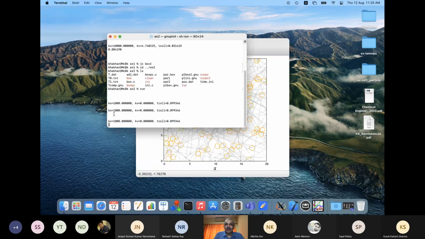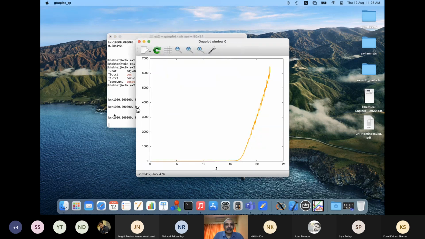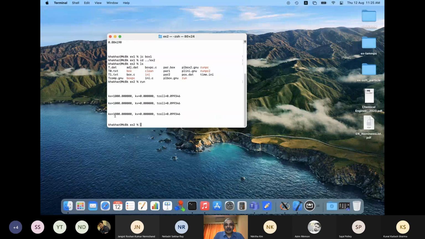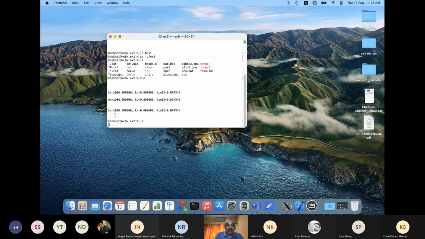So these results are absolutely meaningless. They don't have any meaning because the computation itself is unstable.